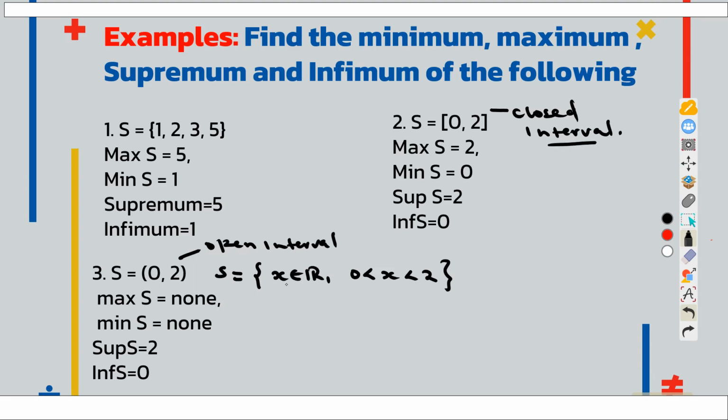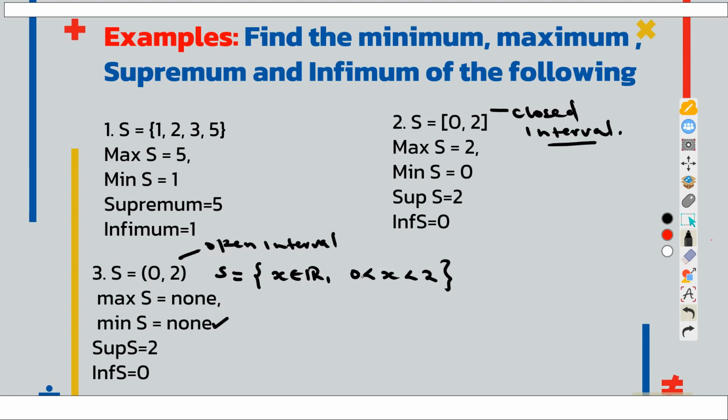So if x is any real number in this set, then x cannot be 0 and x cannot be 2. When you think about the smallest number that is greater than 0 in this set, to be the minimum, that number will not be there. There is no number which is the smallest, and it is not 0 because 0 is not part of this set.